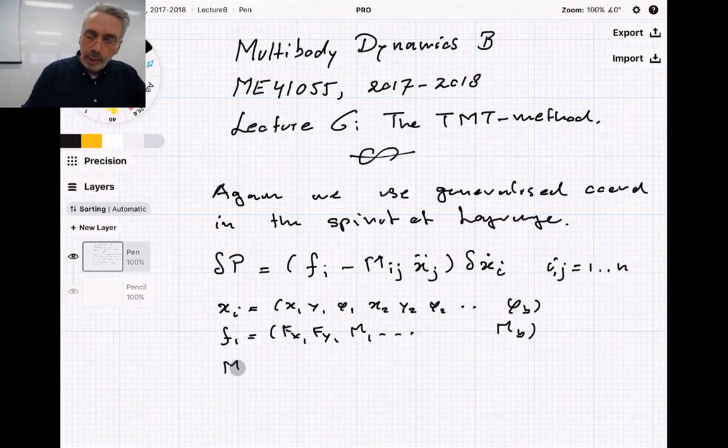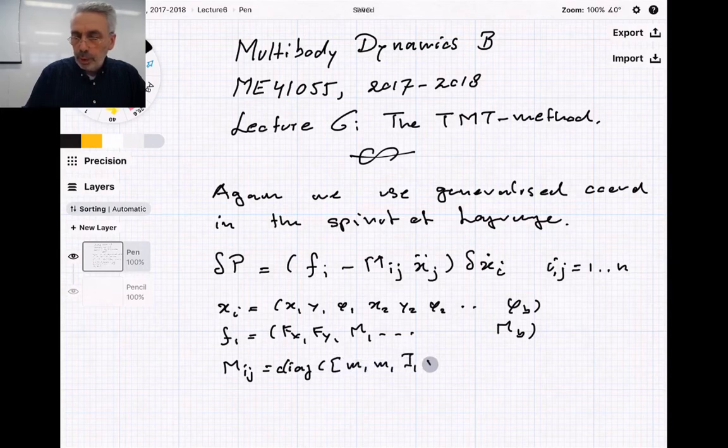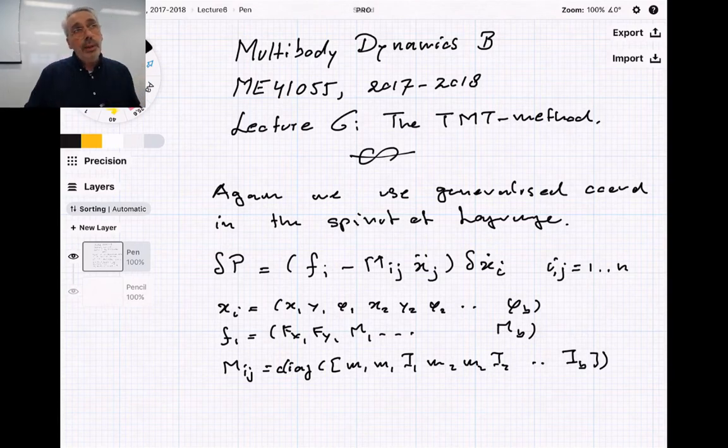And then the mass matrix, Mij, is this nice diagonal matrix filled with M1, M1, I1, M2, M2, I2, etc., until you are at IB, the last one. So this really defines our whole system of rigid bodies.